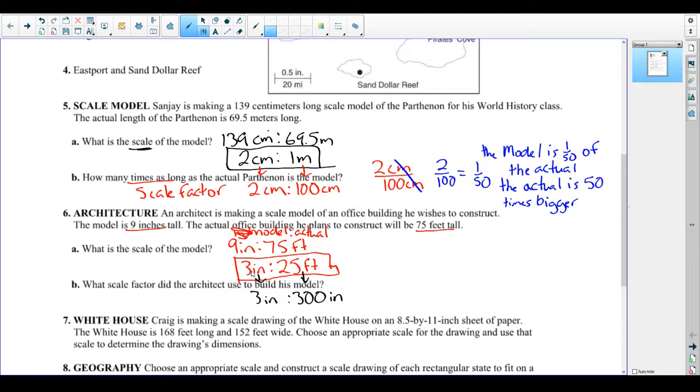So this is our same scale, but with the same units: 3 inches on the model, 300 inches on the actual. If we write that as a fraction, 3 inches over 300 inches, then we just simplify this. The units cancel out, and we can divide 3 and 300 by 3, which gives us 1 over 100.